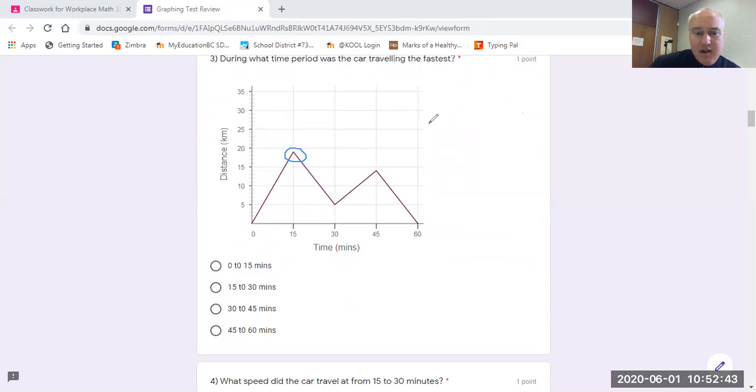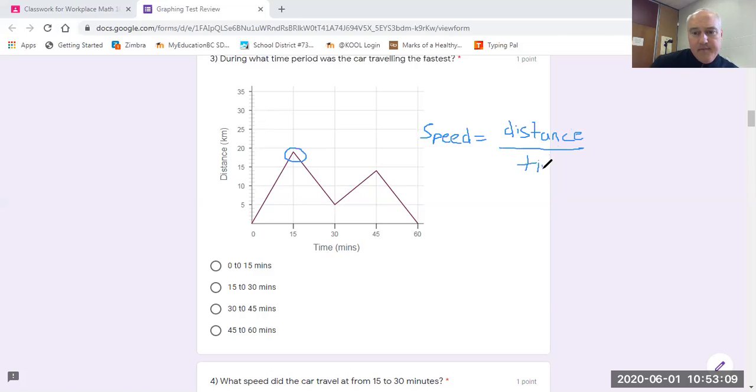And so when it was traveling the fastest, the spot is the one in which we traveled the furthest in that time frame of, in this case, 15-minute intervals.